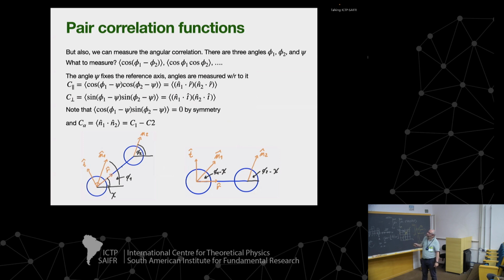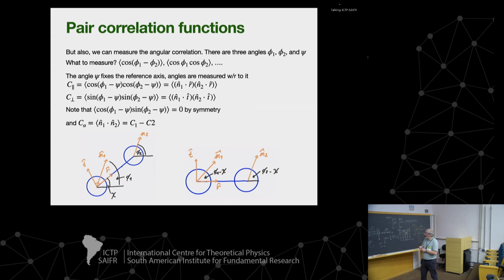I'm putting cos cos and sin sin, and not cos sin, because it's 0 by symmetry. If you do the tensorial analysis, you rapidly convince yourself that you're not going to get cross terms. This is called the parallel component, and this is the perpendicular component.